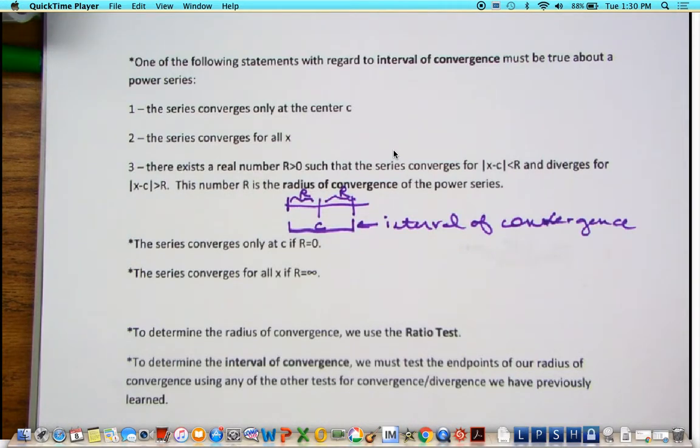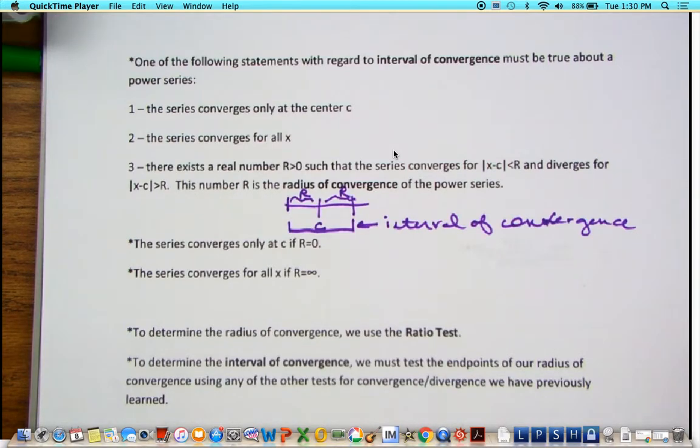Yes, sir? So the more terms you add to a Taylor polynomial, the bigger the radius gets, if it converges for all x? Not necessarily. You could add as many terms as you want, and it still might only converge at the center. It might only be good at the center. So that isn't necessarily what we're saying.